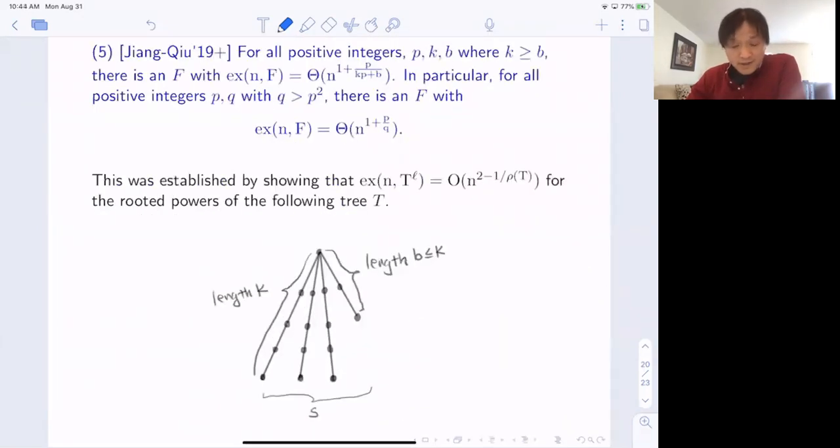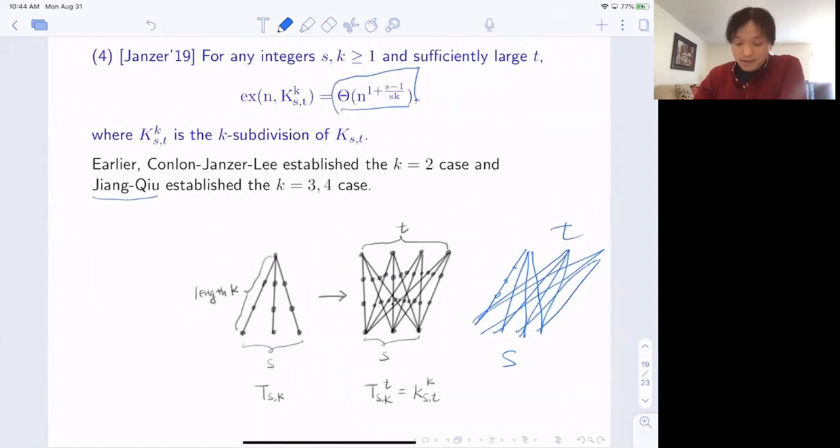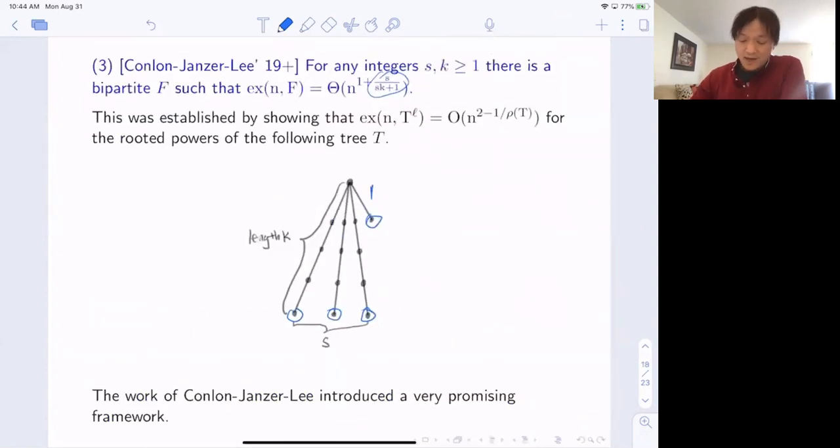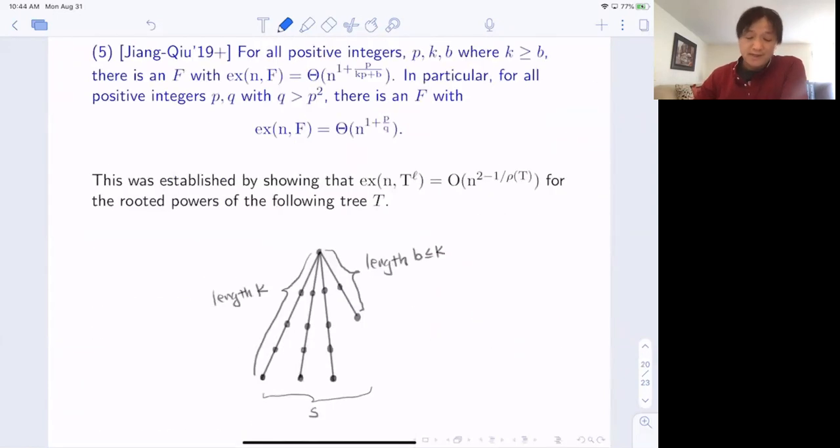So indeed, motivated by Yang's new ideas plus some of our own new ideas, we were able to strengthen, kind of generalize both the Conlon, Yang, and Li result and the balanced spider to a more general setting.